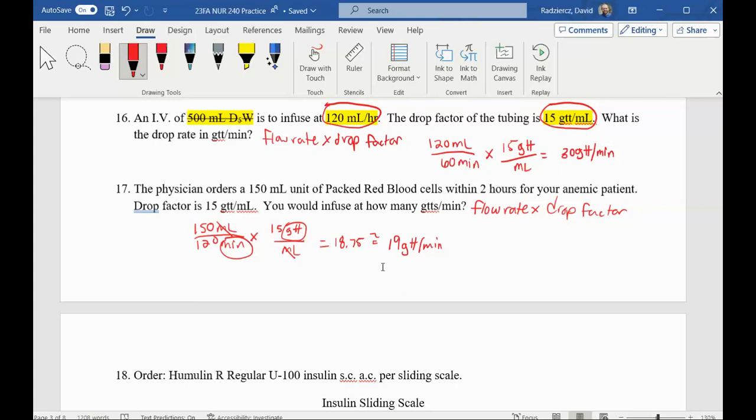Yeah, but if the answer is 18.64? Still rounded to 19. Okay, thank you. Yeah. 0.5 and above, round up. 0.4 and below, don't round up. Just leave it at the whole number. So if it was 18.45, it would be 18.